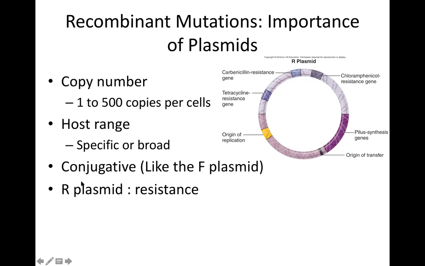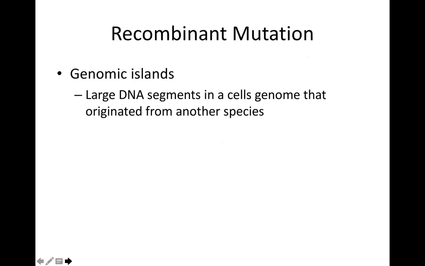And then we have something called an R plasmid, which is a plasmid for resistance. You see on this plasmid, it actually has 3 genes for being resistant to a certain antibiotic. So this can be a huge issue just across the board for us.